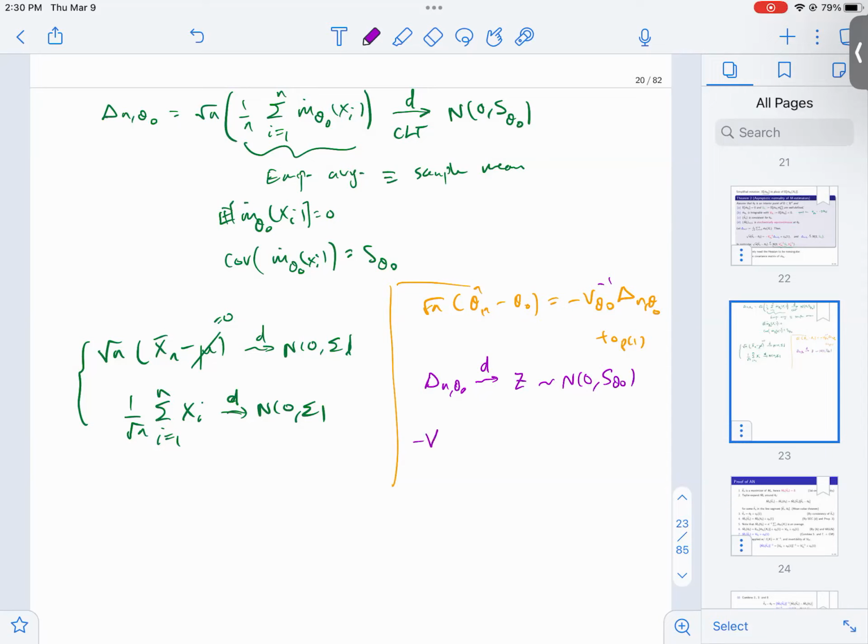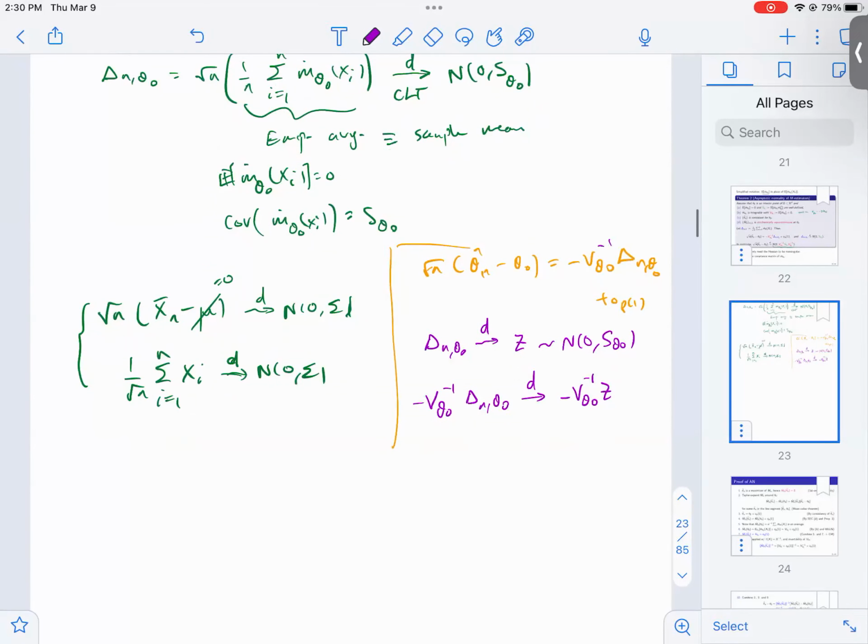So now I can conclude that this converges in distribution to negative V theta naught inverse times Z. And you can argue it by multiple arguments, either the continuous mapping theorem or Slutsky's theorem.